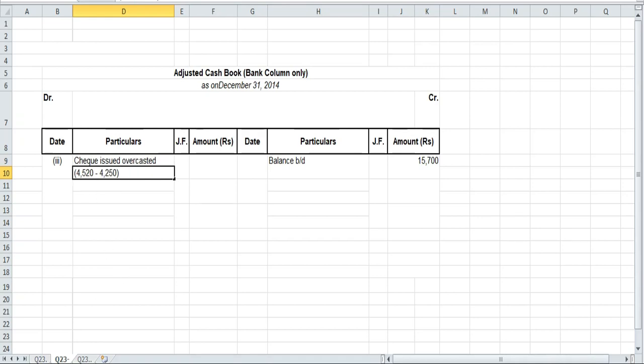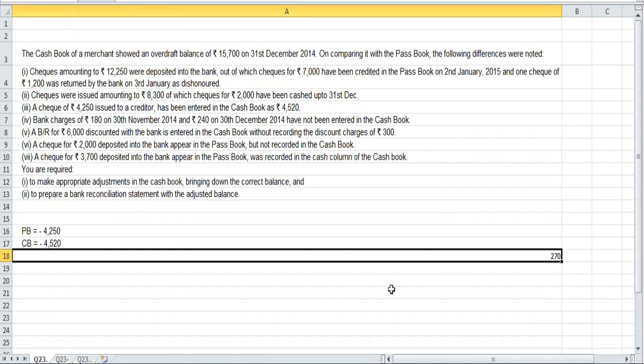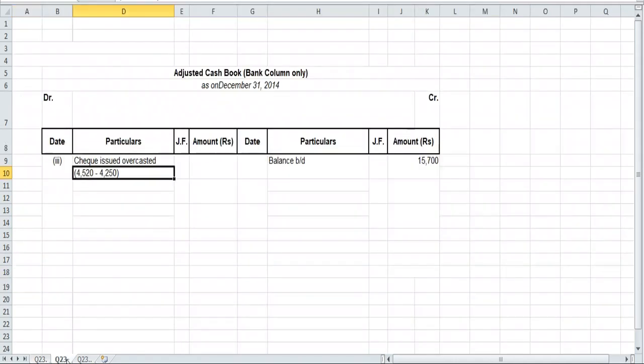Excess of how much? Excess of 270 we have paid by mistake in the cash book, which was supposed to be 4250. Now that we have to receive it back. So we have corrected this error. Okay, so this is coming to 270.